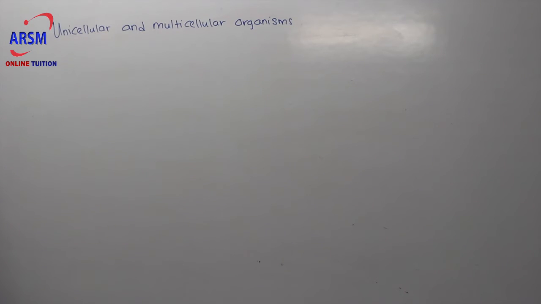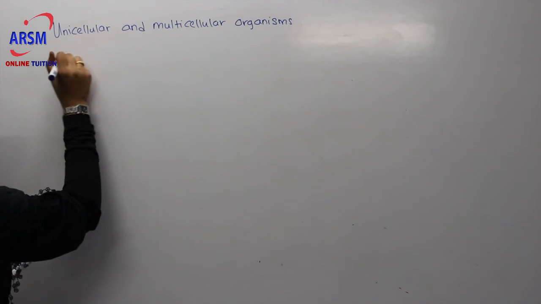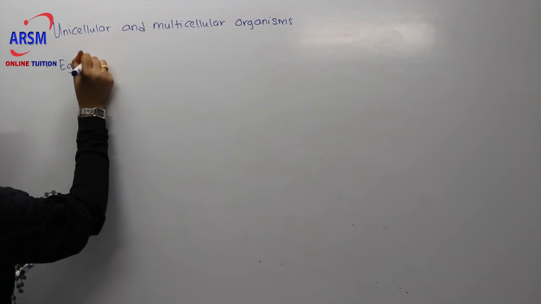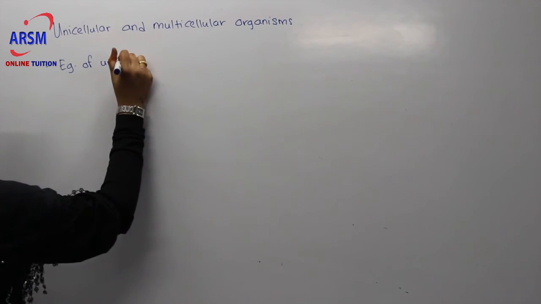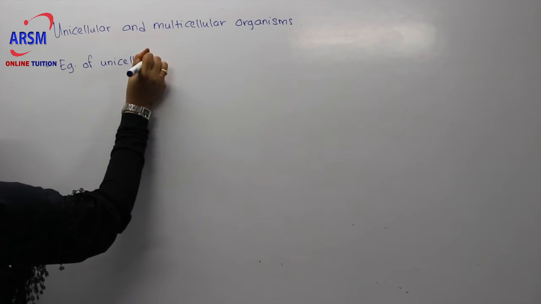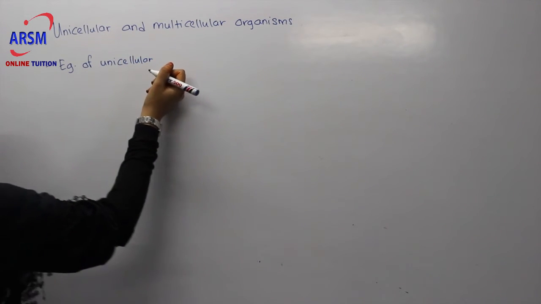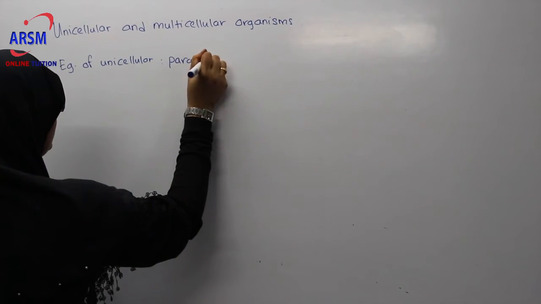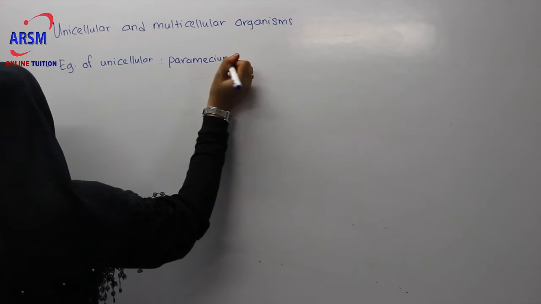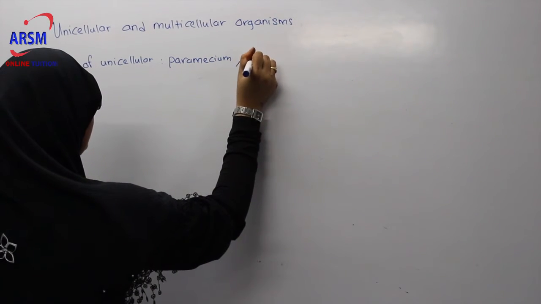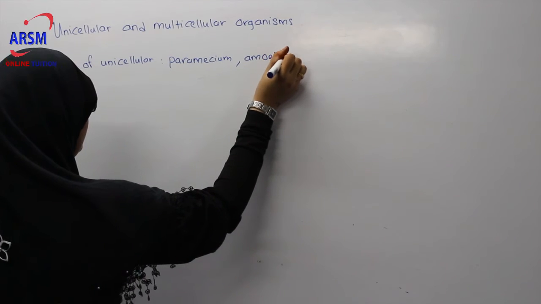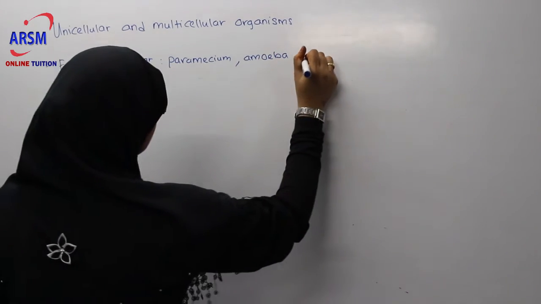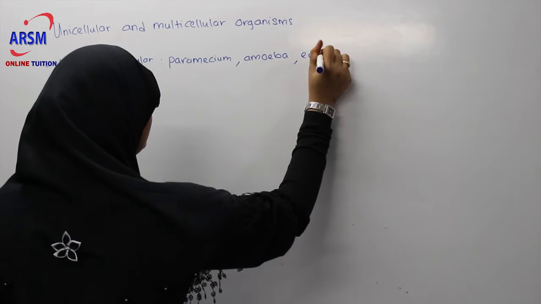There are a lot of organisms which are unicellular. Examples of unicellular organisms are Paramecium, amoeba, Euglena and others.